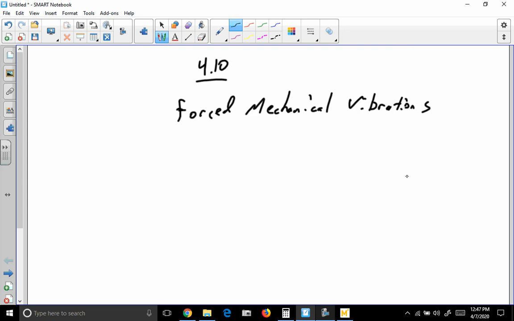So if we have an external force, then we're of the format mass times acceleration plus b times velocity plus k times position or stretch, and that equals the external force. And the external force in this situation is going to be a sinusoidal or a cosine function, F0, basically initial force, cosine gamma t.